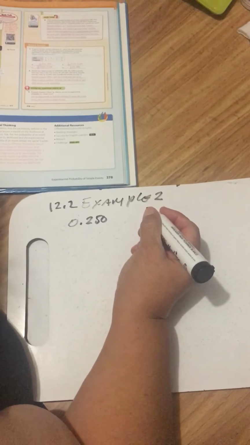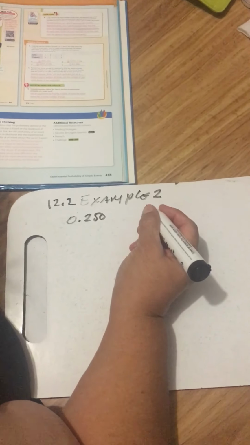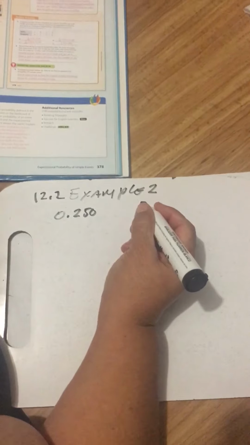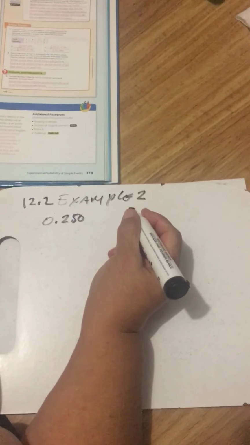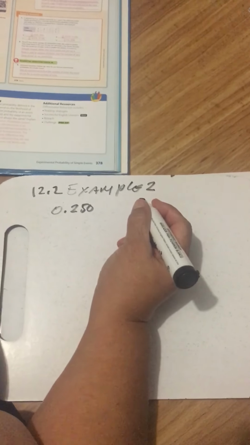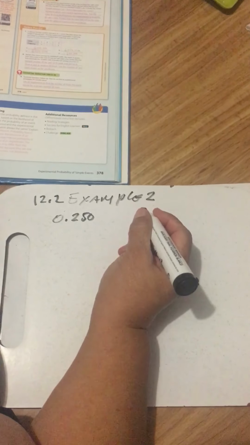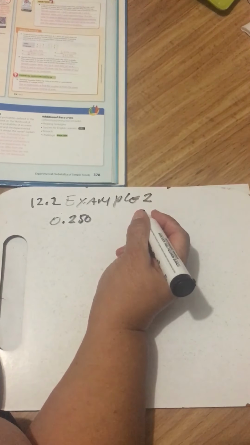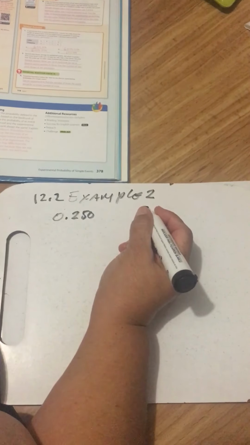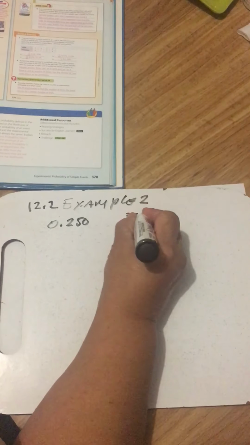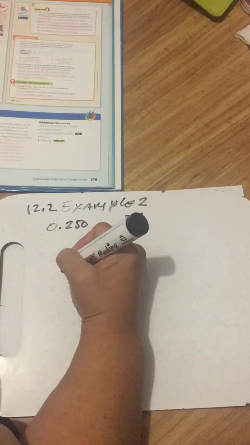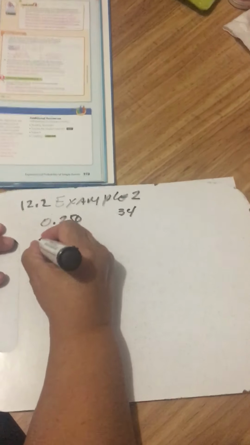This means that the team's players get hits in 25% of their chances at bat. Use a simulation to predict the number of hits these team's players will have in their next 34 chances at bat.